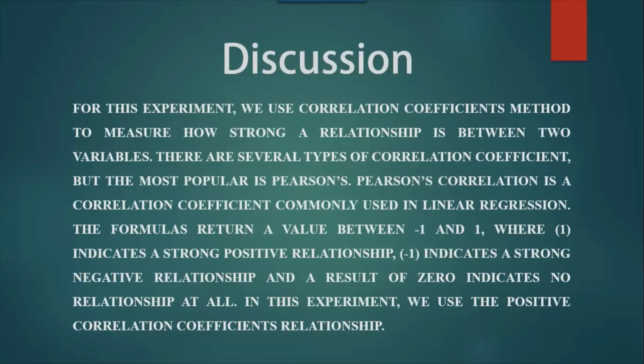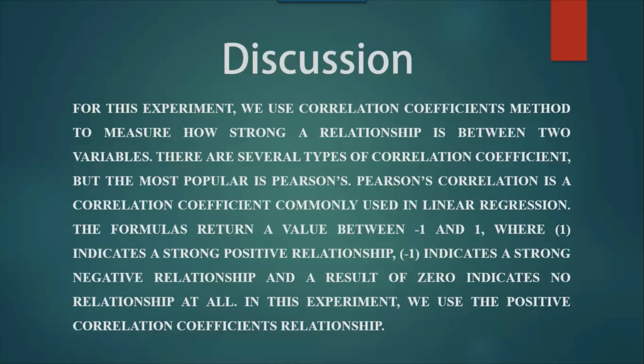For discussion, in this experiment, we use the correlation coefficient method to measure how strong the relationship is between two variables. There are several types of correlation coefficient, but the most popular is Pearson's. Pearson's correlation is a correlation coefficient commonly used in linear regression.